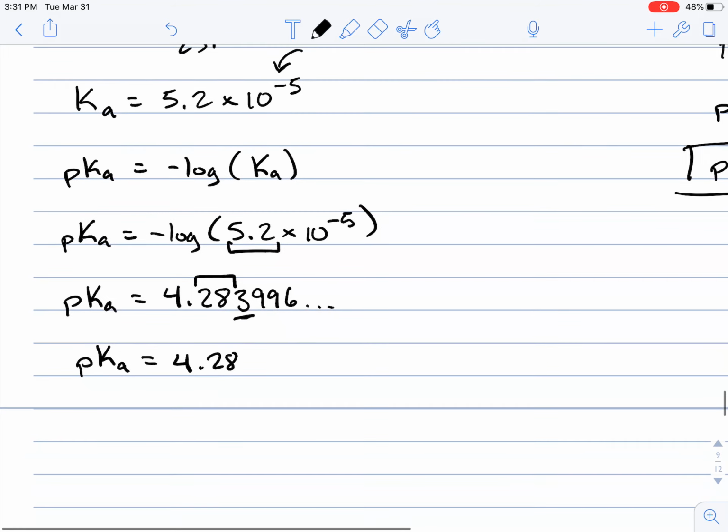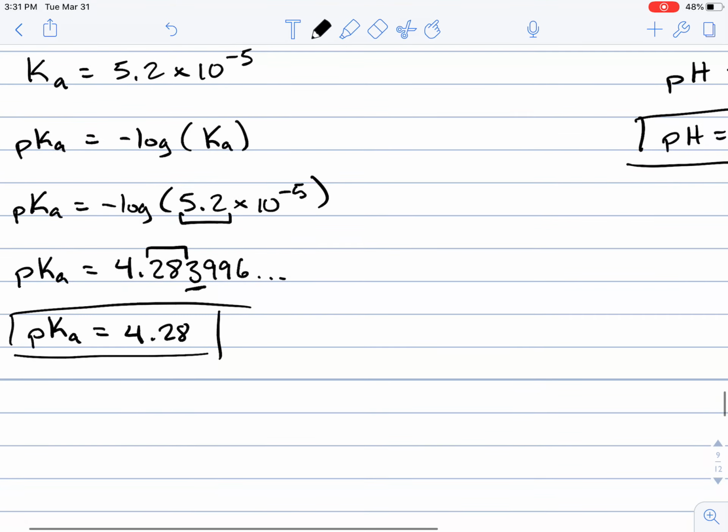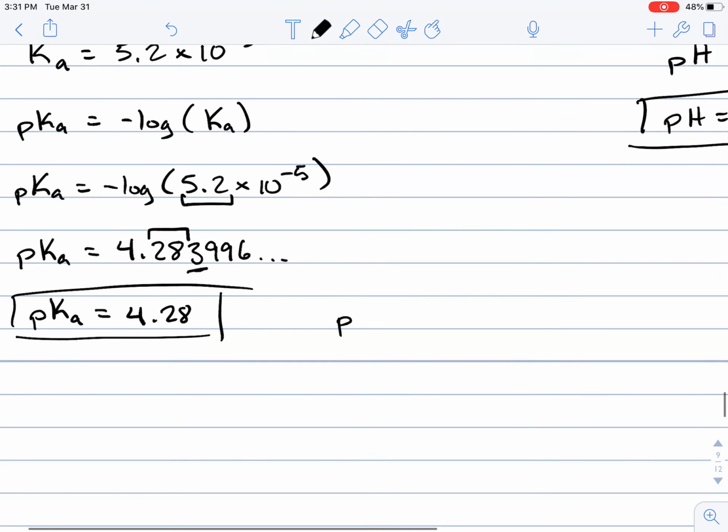Perfect. And so now that we have the pKa, we can go ahead and determine the pKb. If we're assuming that this is at 25 degrees Celsius, we can say that the pKa plus the pKb is equal to 14.